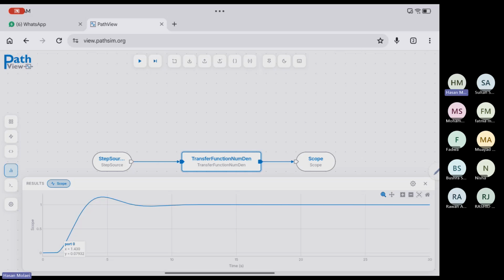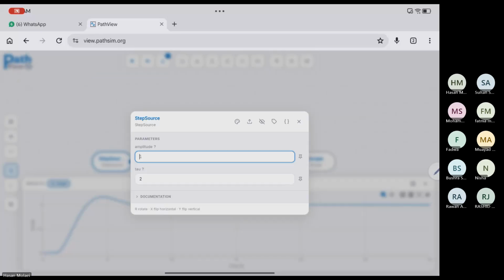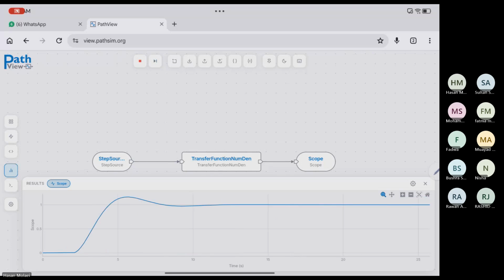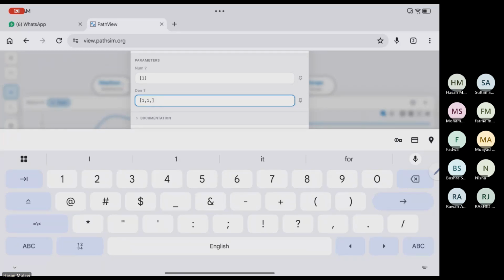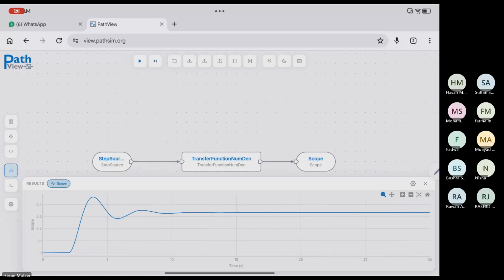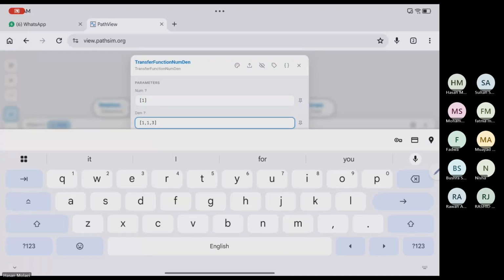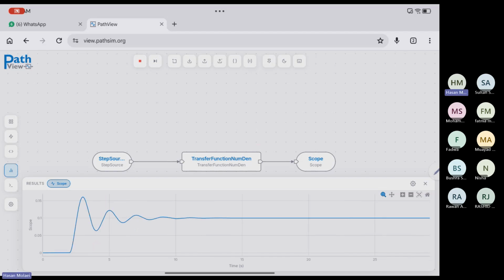And you can see if we apply one step, if we want to change the frequency, I want to change the frequency to see it more clearly.